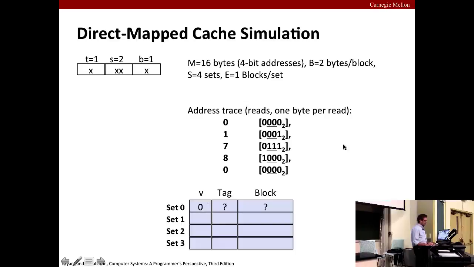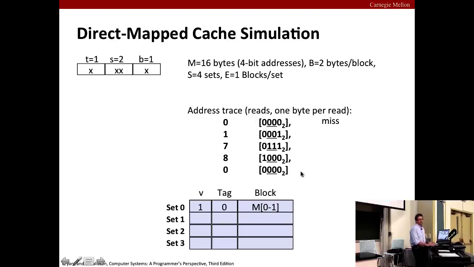So it fetches that block from memory and sticks the block in. This is using array notation for memory, so this is the bytes that extend from offset 0 to offset 1 inclusive in memory. The tag bit is 0, and the valid bit is 1.